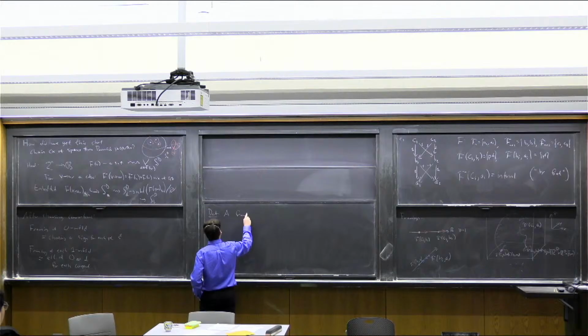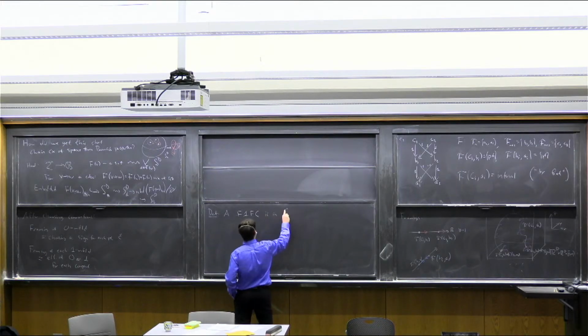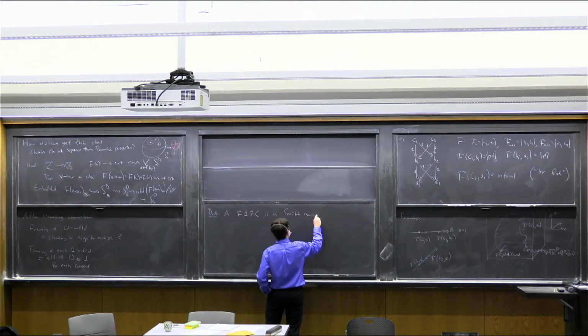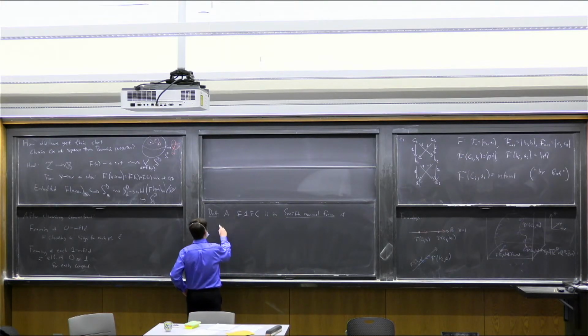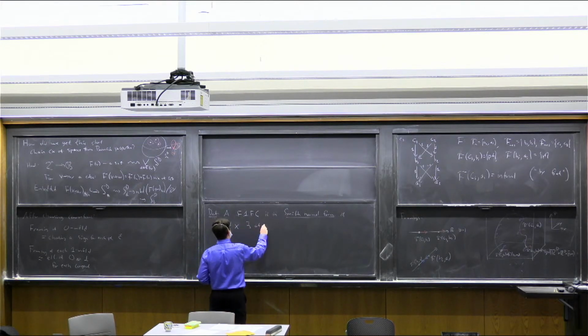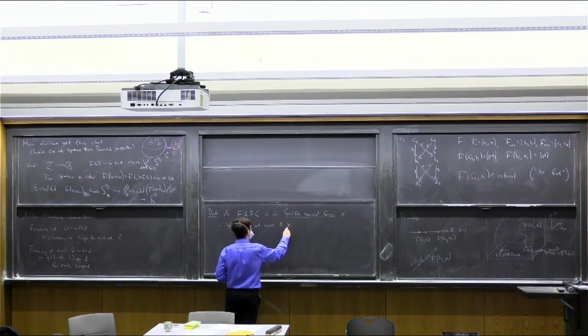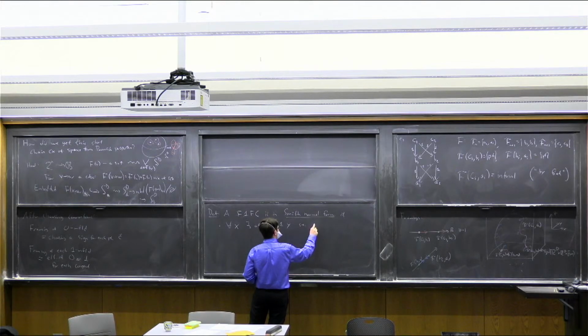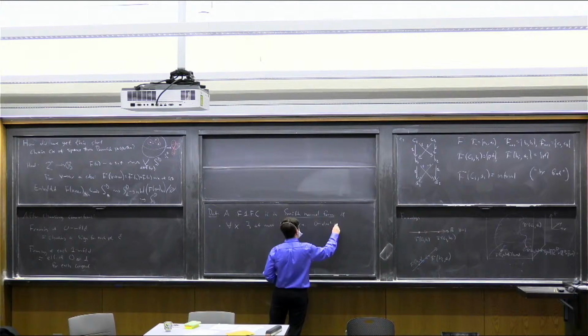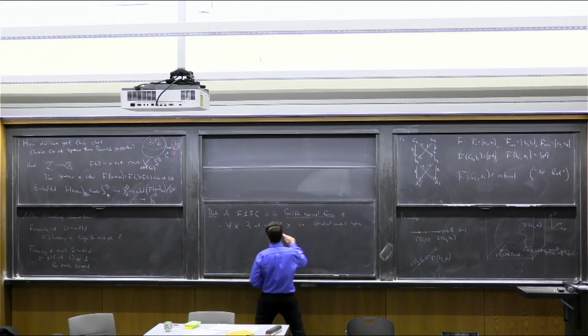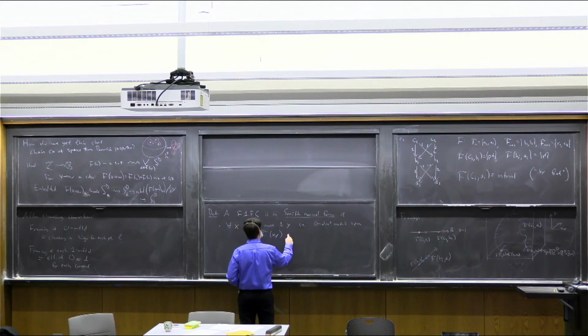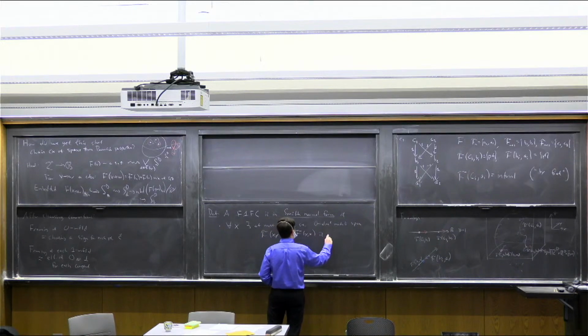So a framed flow category, I'm going to abbreviate F1FC, is in Smith normal form if, for every x, there is at most one y such that the zero-dimensional moduli space f of xy or f of yx is non-empty.